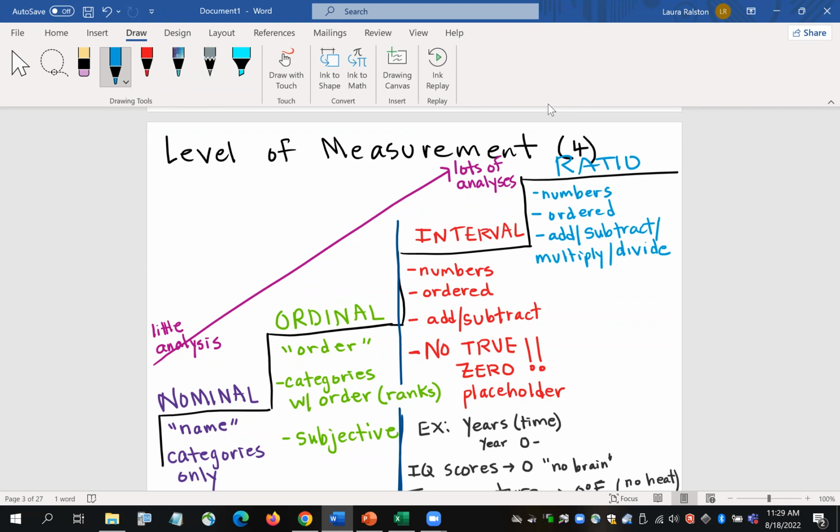So I can talk about something being twice as fast or twice as slow. At the ratio level, we do have that true 0. So at the ratio level, 0 does imply none.